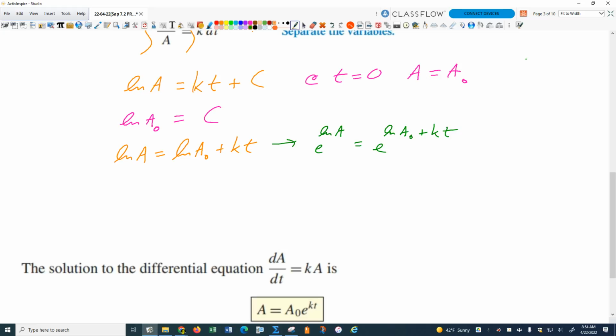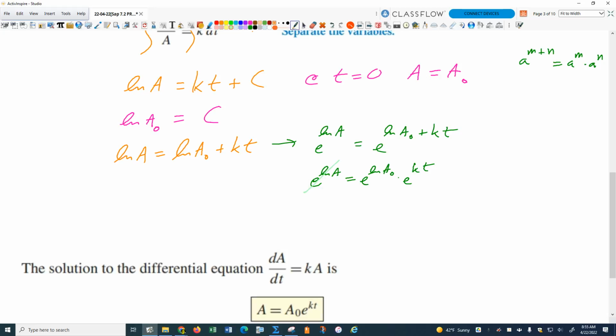If I have something like a to the m plus n, isn't that equivalent to a to the m times a to the n, right? So we could just write this as e to the log A equals e to the log A naught times e to the kt, and exponential functions and natural logs cancel each other, right?